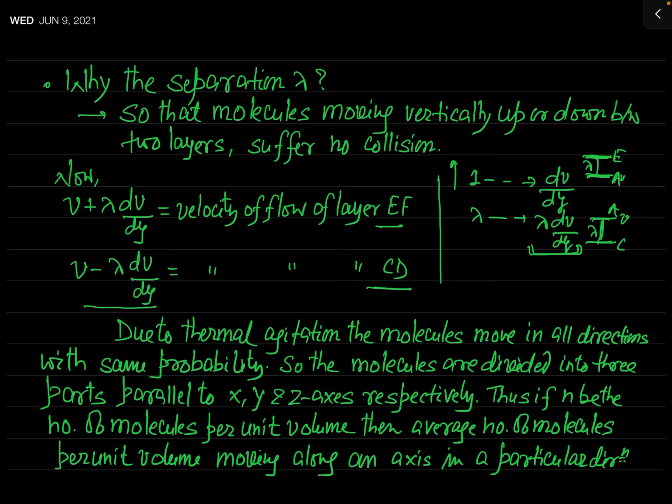You know that due to thermal agitation, the molecule has a random motion and it moves in almost all possible directions with the same probability, because our gaseous system is isotropic. So the probability of motion of the molecules in all directions will be the same.